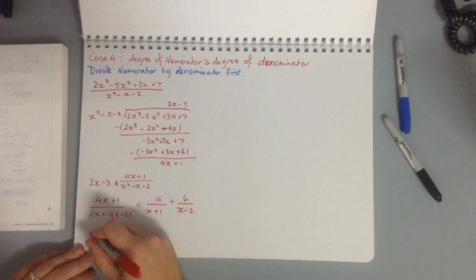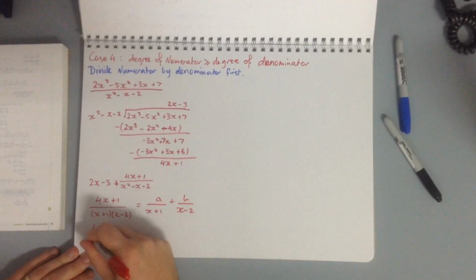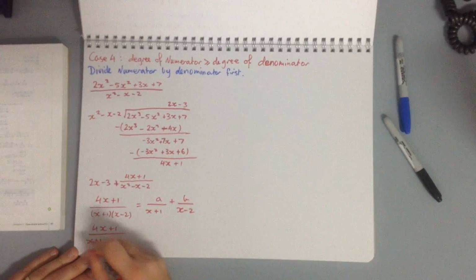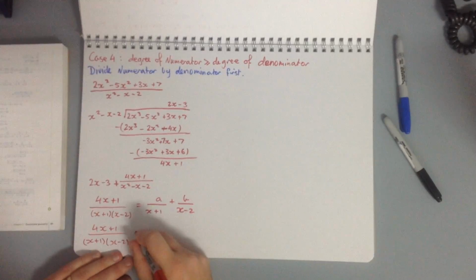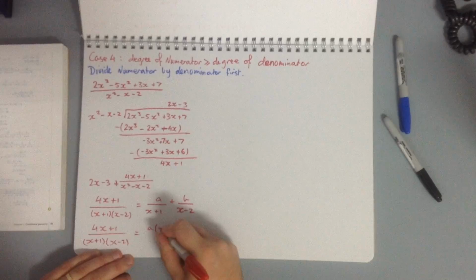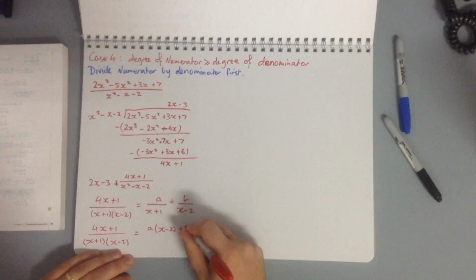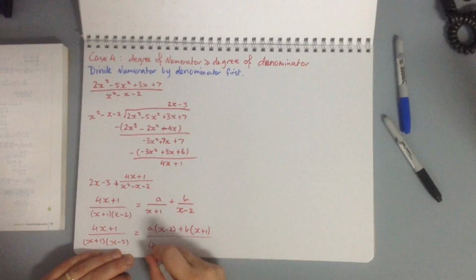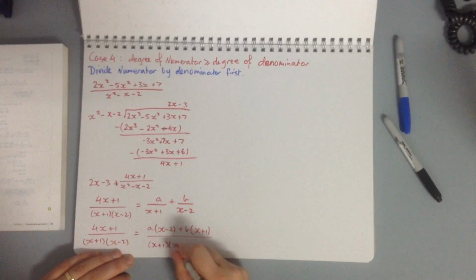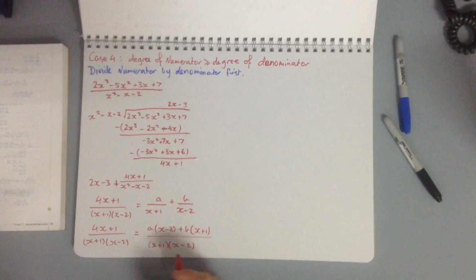So we get our 4x plus 1 over our x plus 1 x take 2 equals our a times x take 2 plus b times x plus 1 over our x plus 1 x take 2. Equate our numerators.